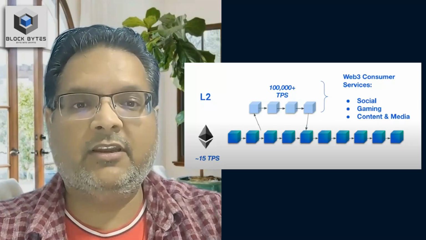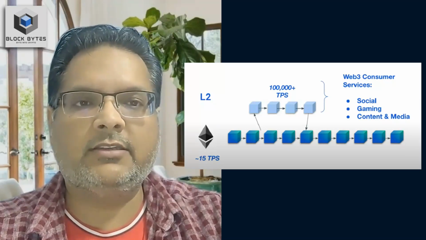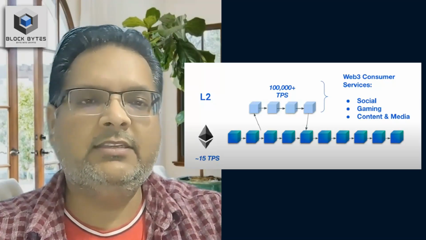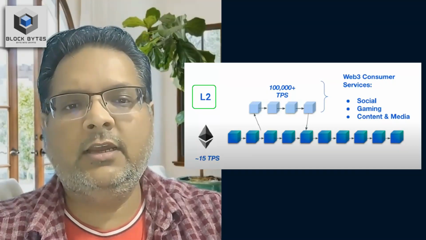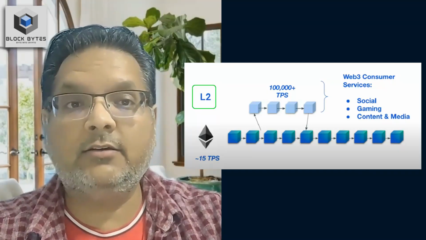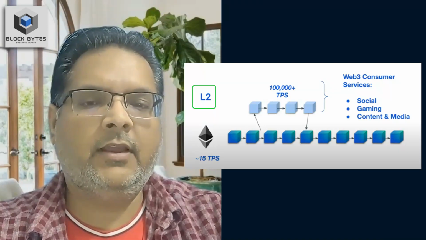The second way is to create separate blockchains on top of Ethereum, specifically designed to take away the transaction load. These blockchains are termed Layer 2 chains and are an off-chain scaling solution.